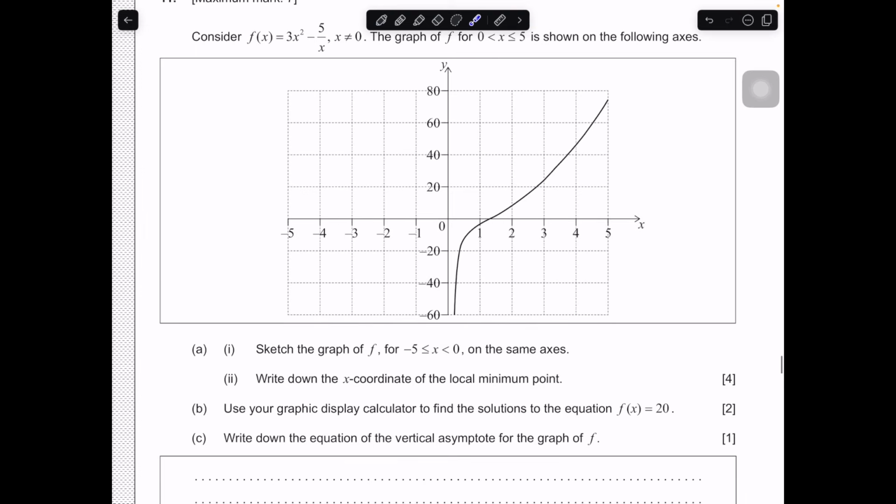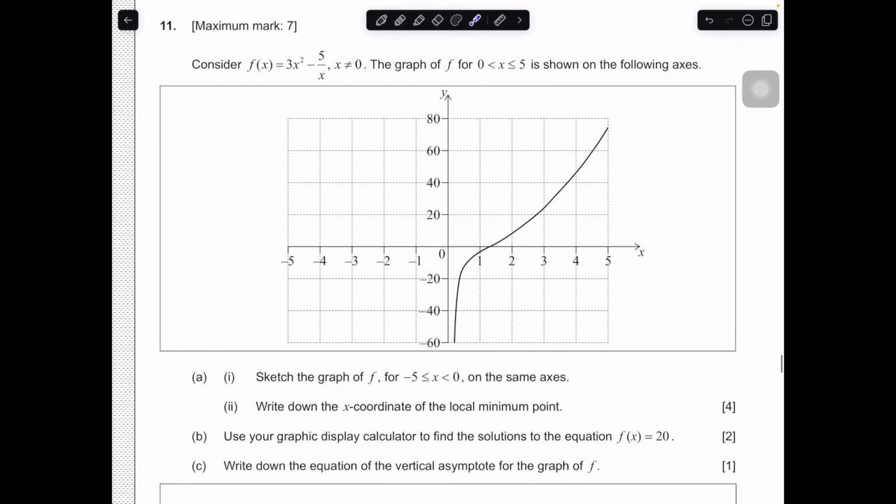Okay, so here's our graph. Sketch the graph of f for x greater than or equal to negative 5 and less than 0 on the same axes. So they've given us part of this graph, but there's some part where x is greater than or equal to negative 5 that we haven't yet graphed, and that's what they're asking you to do.